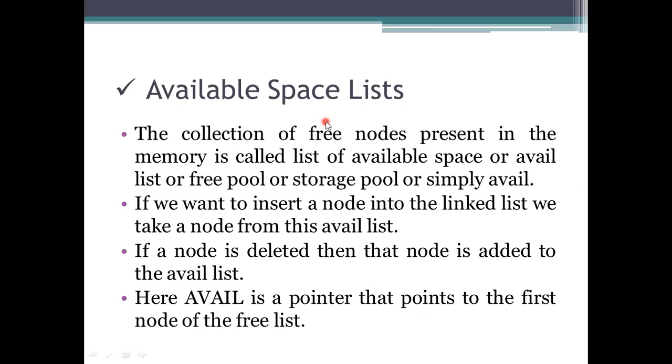So we need to take initially what free space there is, meaning how many nodes are free, and get that data. That will be specified as the available list, the free pool, the storage pool, or simply avail. The pointer you are using will be the avail pointer. It includes the available space for accessing the memory.